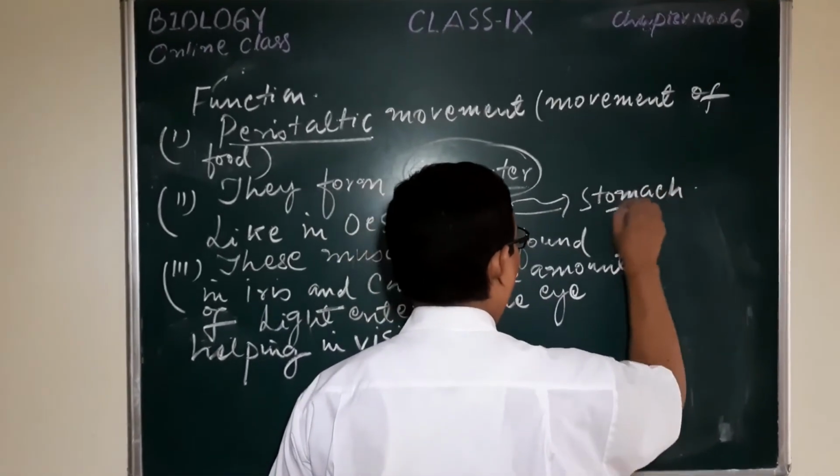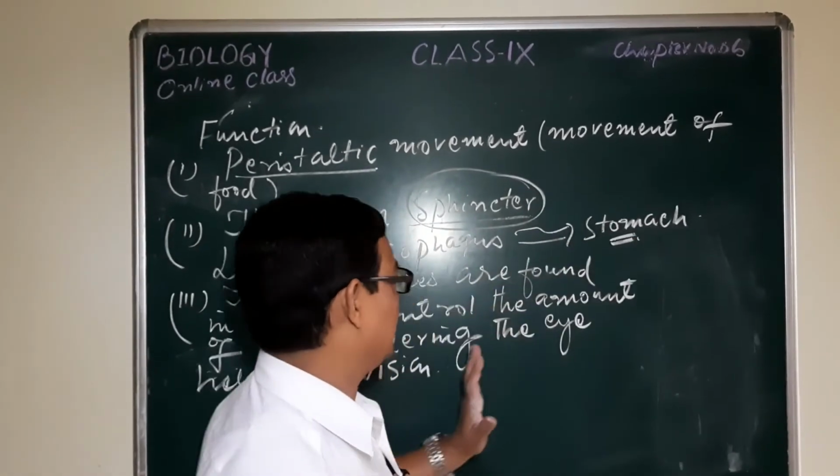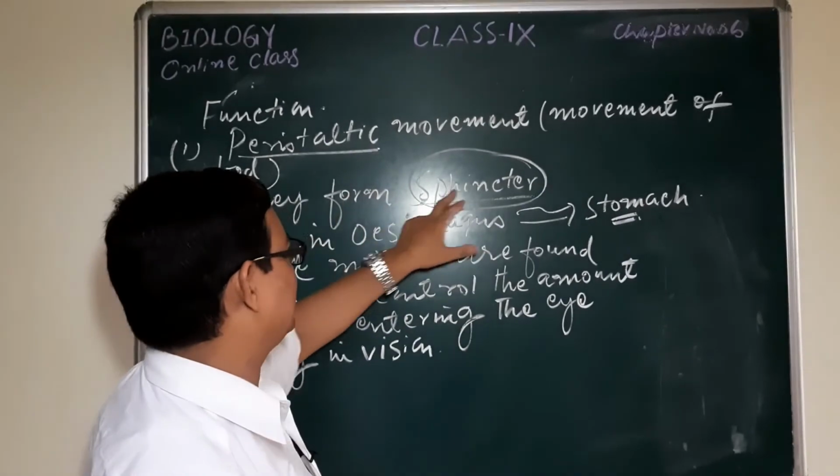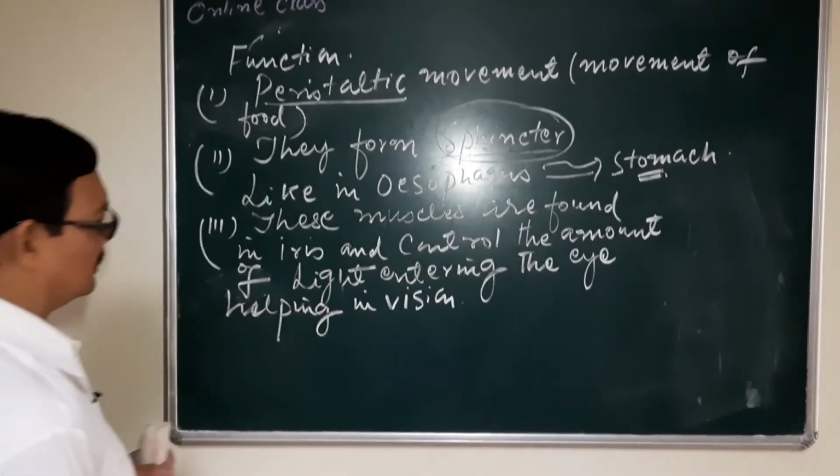So how much food particles will enter into the stomach will be decided by the presence of this sphincter that is made from this muscular tissue.